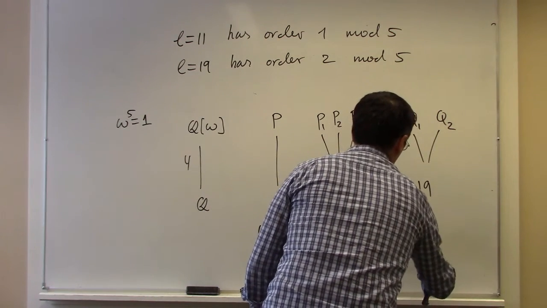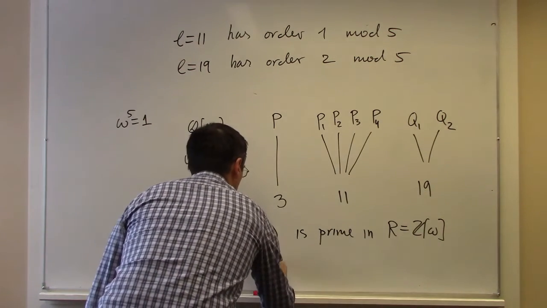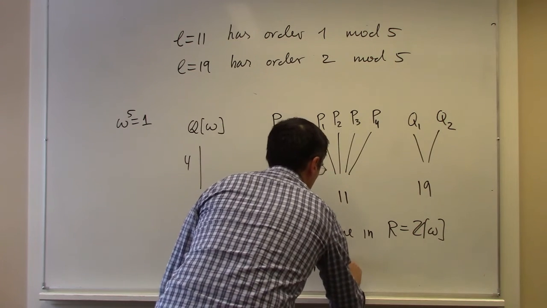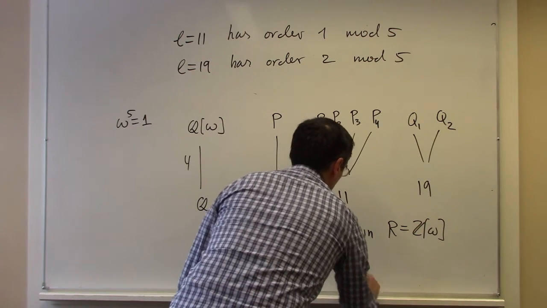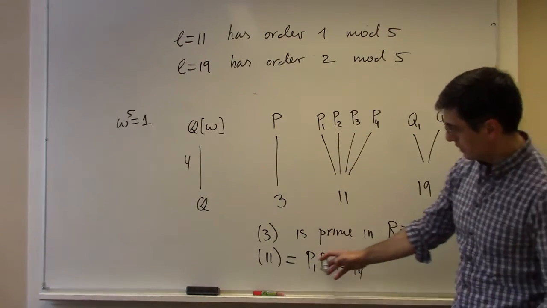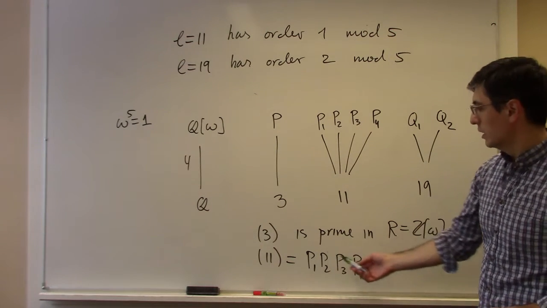In R, 11 is P1 P2 P3 P4, and the residue degree, or the inertial degree, is 1.